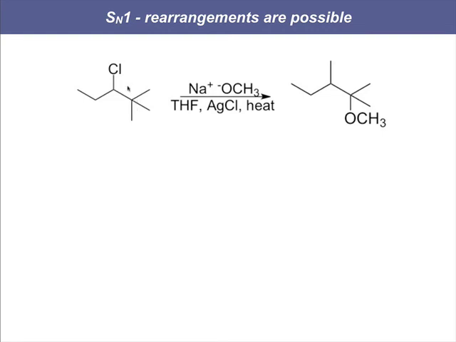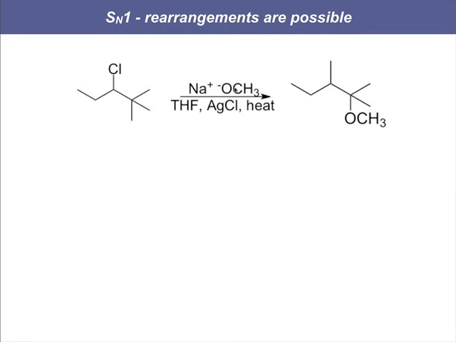So secondary means that we can do SN2 or SN1. We could do SN2 if our nucleophile is small enough. This is a pretty small nucleophile. We've already mentioned that methoxide is a nucleophile that can participate in SN2 reactions. So secondary means SN1 and SN2 are in play.